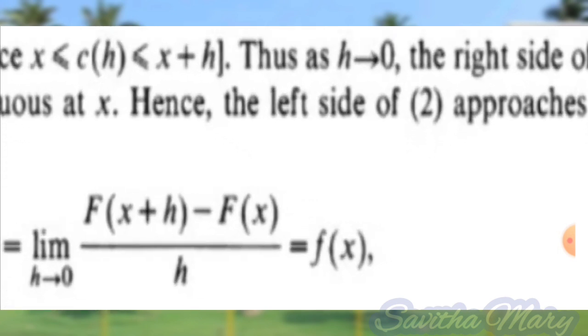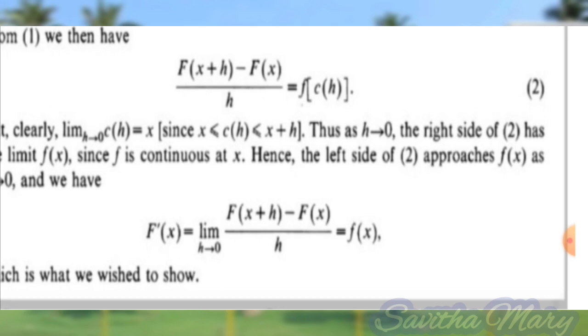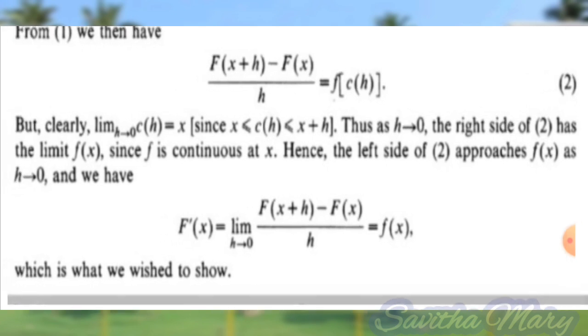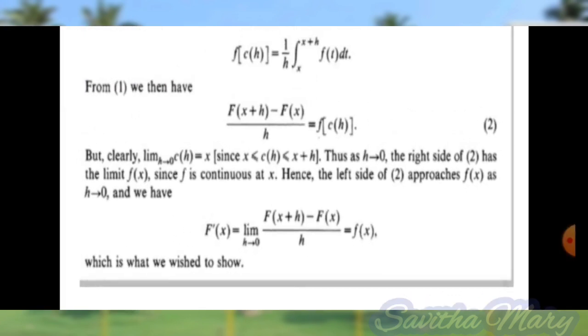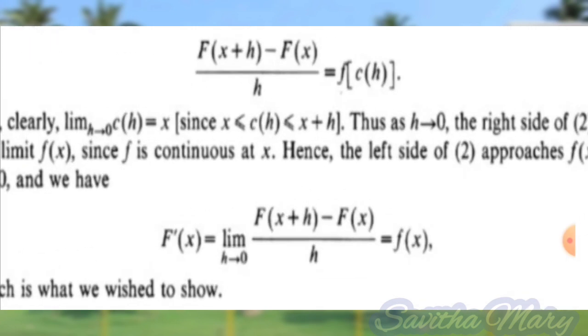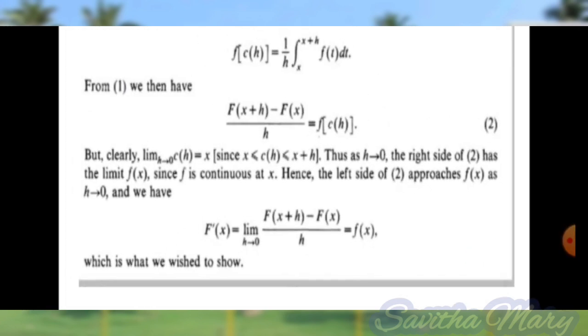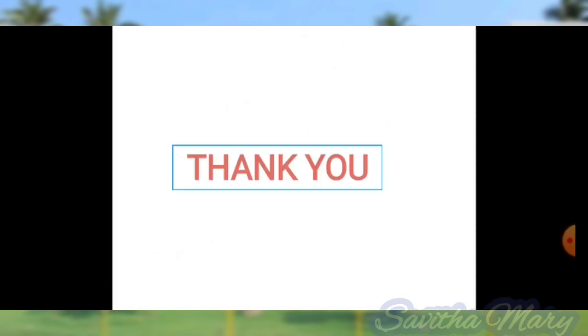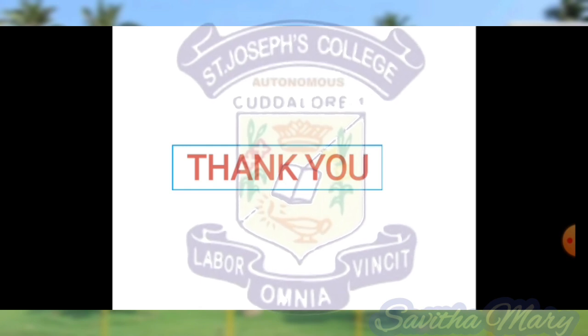So we get f of x on the right hand side. So finally we reach F'(x) equals f(x). So we got the antiderivative function for the integral function. This is what we wished to prove, so we complete the proof. Thank you for watching this video.